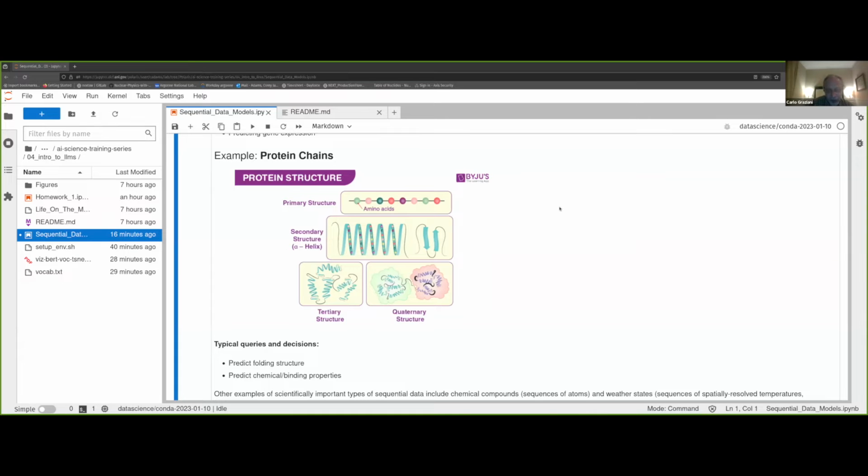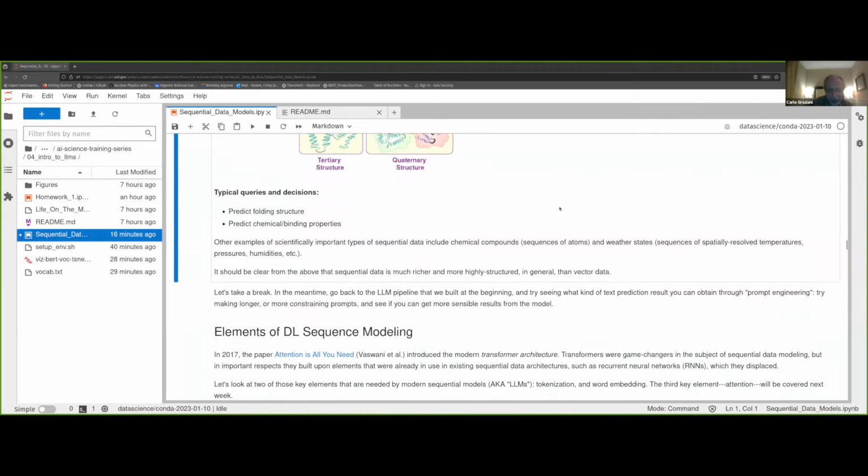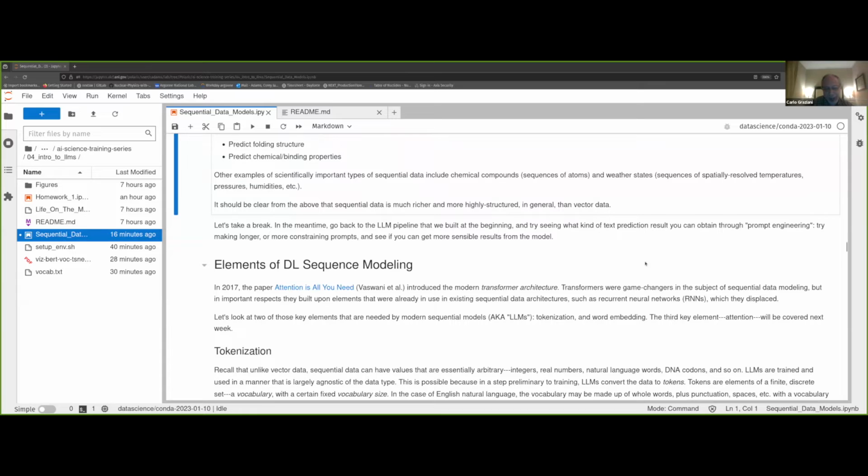Okay, so scroll down a little more, please. So, there are many other examples. In fact, people are applying LLMs to everything now. Chemical compounds, for example, which are sequences of atoms, weather states, which are sequences of spatially resolved temperatures, pressures, humidities, and so on.